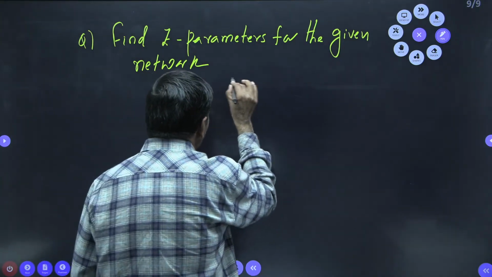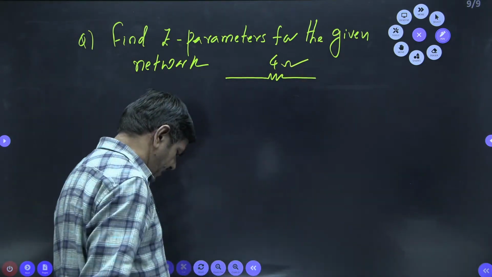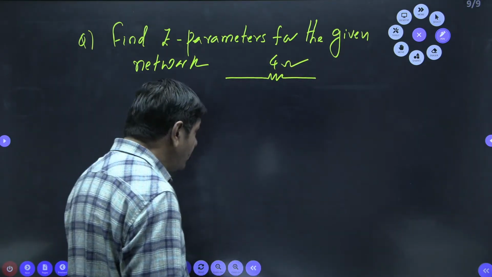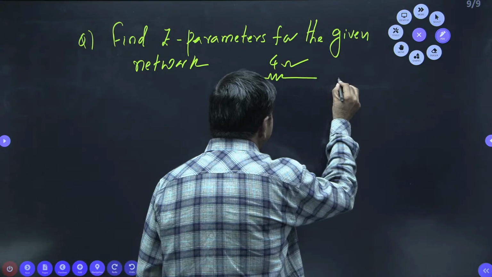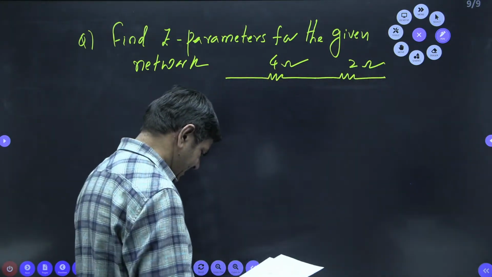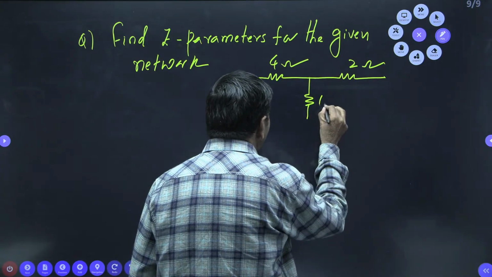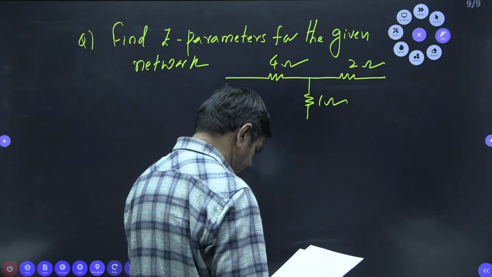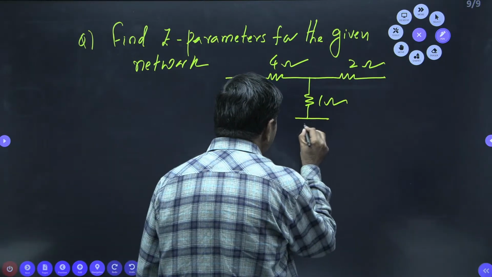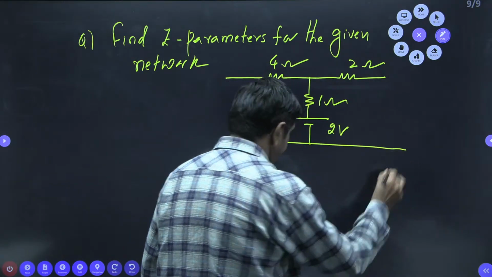Here it is given with a 4 ohm resistor. And one more here, a 2 ohm resistor is connected this side. This is 2 ohm, and connected with a 1 ohm resistor this side. And also connected with one battery of 2 volts.